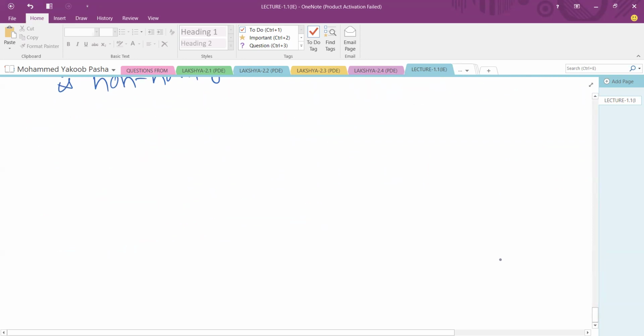Now, kernel of integral equation. That means k of x comma t.